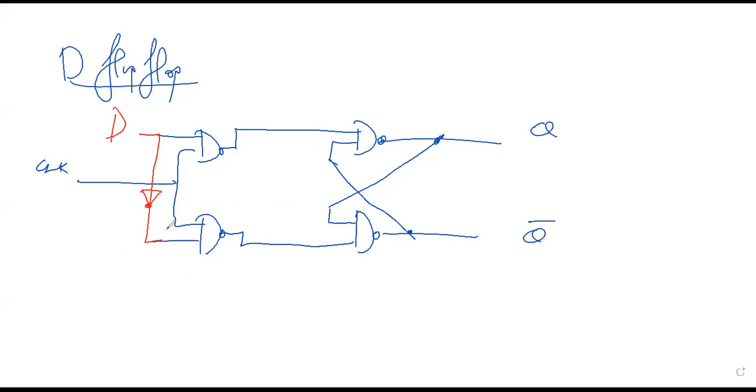What of the characteristics? How does it function? I think the best way to explain it is to start with the truth table of the SR. Truth table, we have S, R, and Q next.